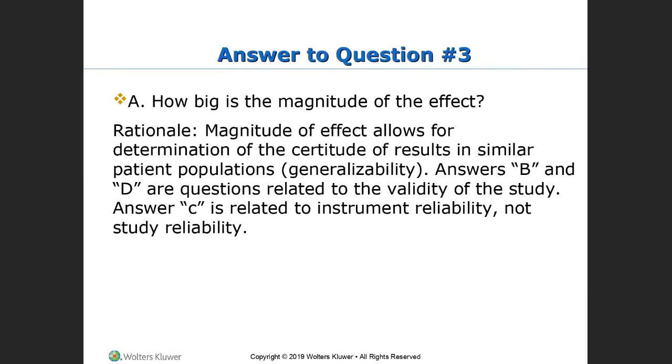A, what is the magnitude of the effect? Magnitude of the effect allows for determination of the results in similar patient populations. So basically, are they generalizable? Answers B and D refer to the validity, and answer C refers to reliability.